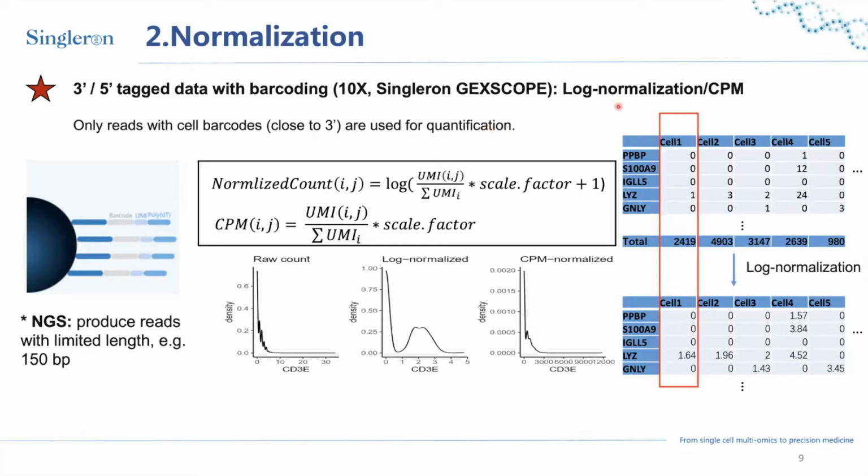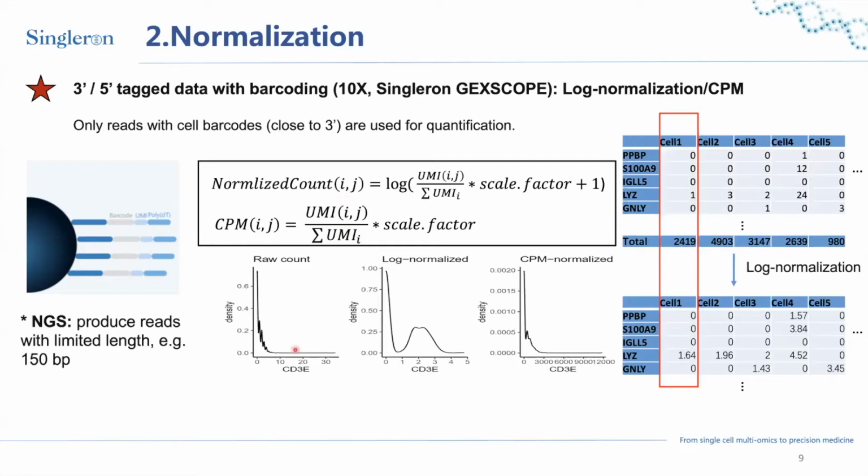Here, I would suggest you use log normalization or CPM. Both methods are done for every individual cell by dividing by the total UMI count, which is the transcripts of these cells, and it is related to the sequencing depth. The difference between the log normalized count and CPM is that we do an extra log transformation for the normalized count.